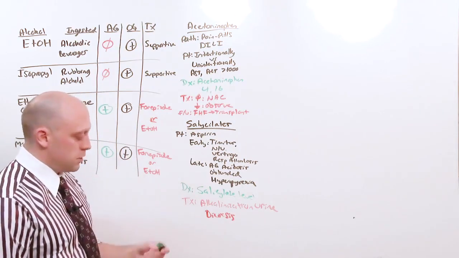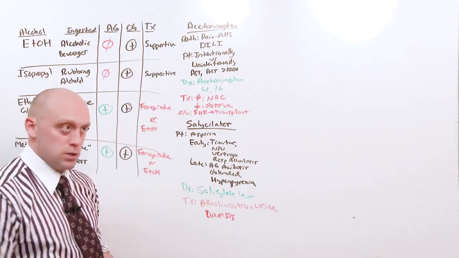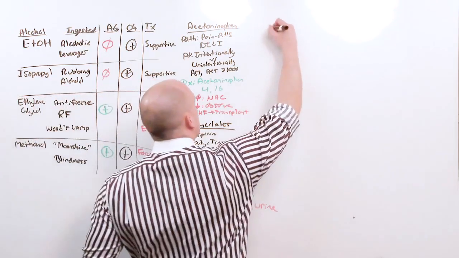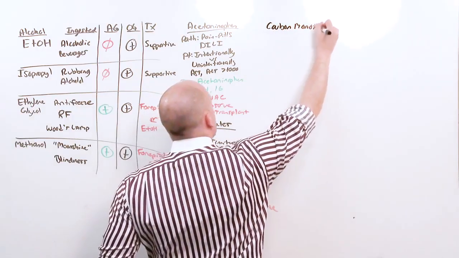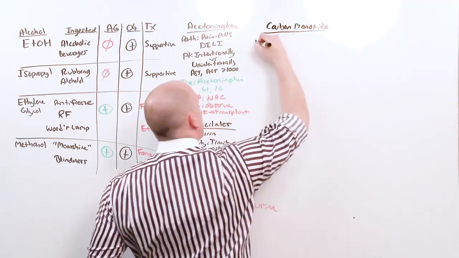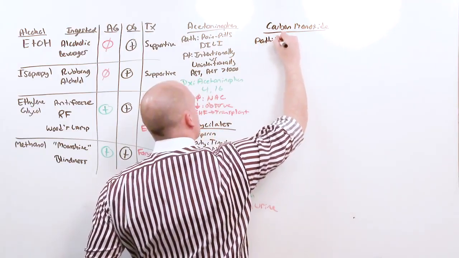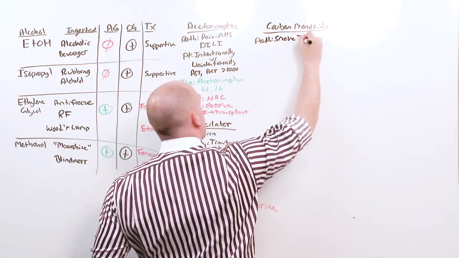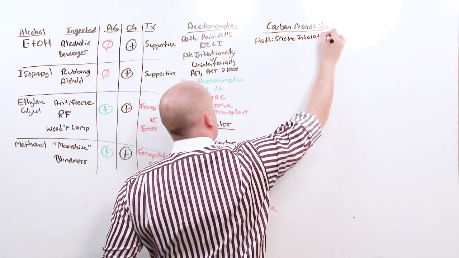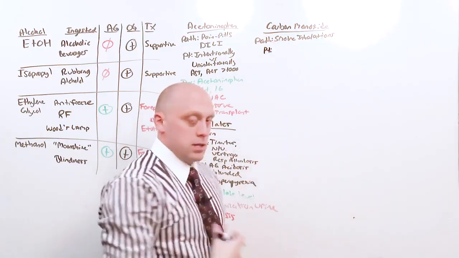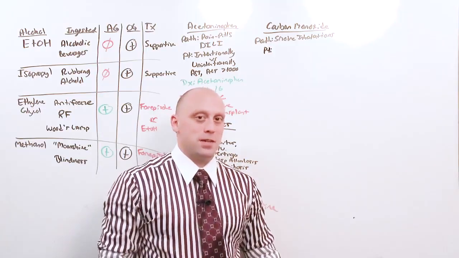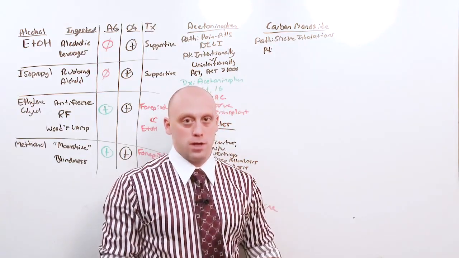So these are ingestions. You might also encounter some inhalation injuries, carbon monoxide and cyanide. They're both a product of smoke inhalation. So when you suspect one, you should suspect the other. Carbon monoxide is so bad because it has an affinity for hemoglobin that is far greater than oxygen.